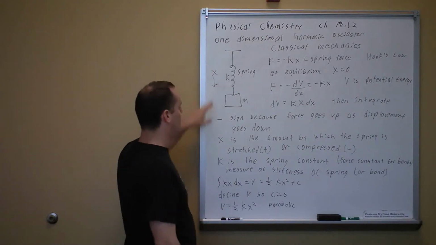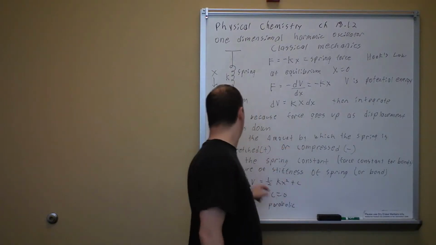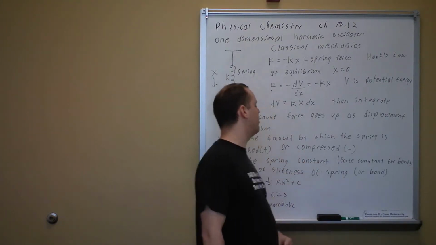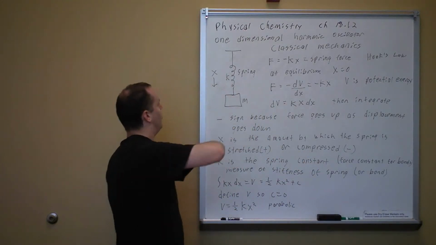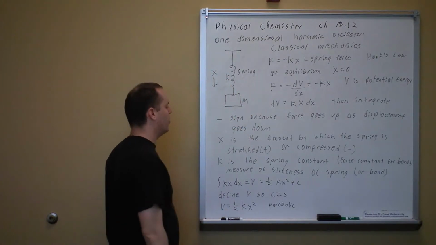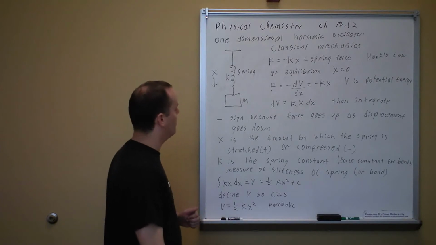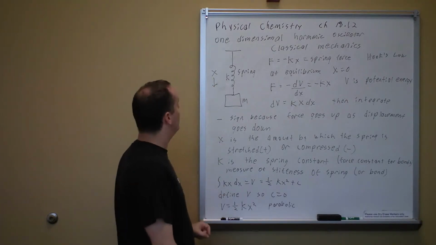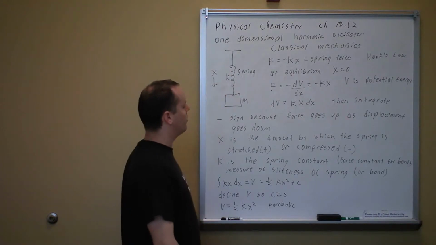So remember, x, I said, is position. It's the amount by which the spring is stretched, which we say is a positive x, or compressed, which is a minus x. Remember, as it's bouncing up and down here, it's going to go up and down from equilibrium. So we're going to have both positive and negative x values. So k, remember, we said is the spring constant. If we're talking about a literal spring.